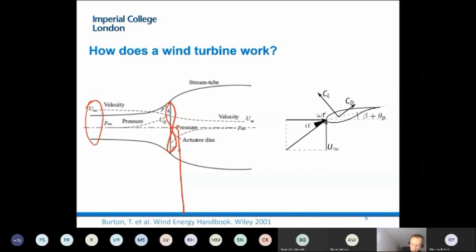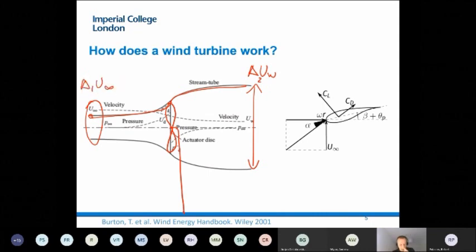In terms of the fluid mechanics of the problem, what this is doing is opening what we would refer to as a stream tube. You consider a particle of air which is coming from infinity upstream of the wind turbine. That will reach the wind turbine, and as it does, it will open such that the area 2 times the velocity 2 is equal to the area 1 times the velocity 1.